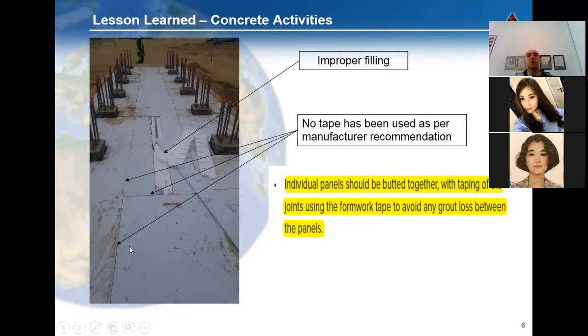So during construction, engineers should be very accurate and put it into the construction, because the main recommendation is that the taping should be located in the joints.